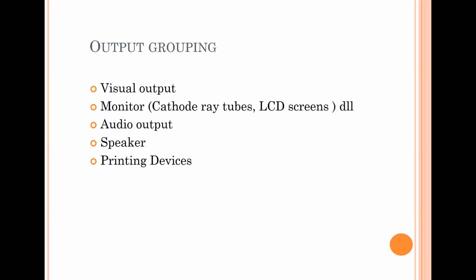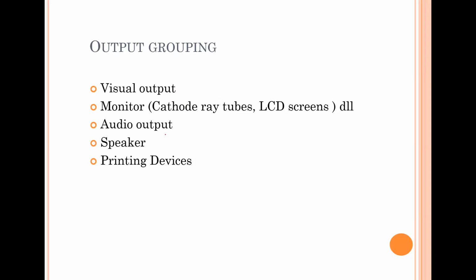Then we continue with output grouping. We've got several output devices here. It can be visual output, and then monitor. If we are probably editing some kind of visual data, we can use the monitor to see exactly the visual result of the visual data.